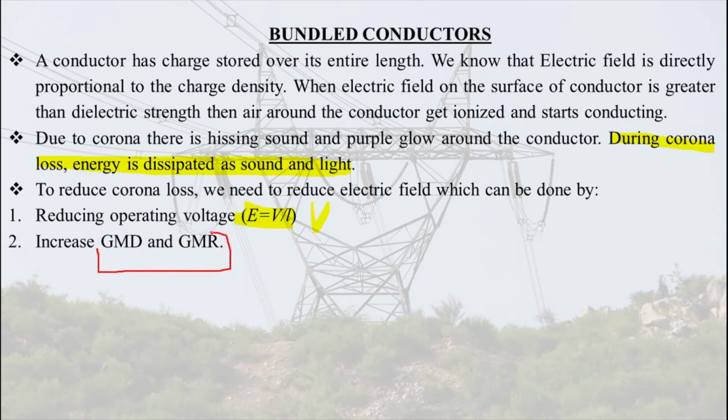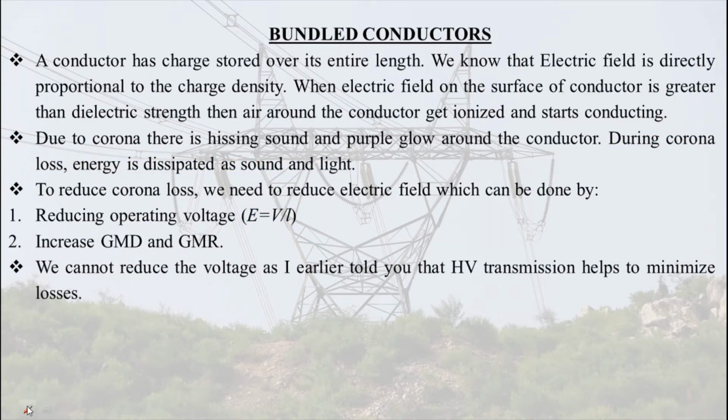Now, we cannot reduce the voltage, as I earlier told you that high voltage transmission is very useful because it minimizes the losses and it is very important for power transmission over long distances. So we cannot reduce the operating voltage.